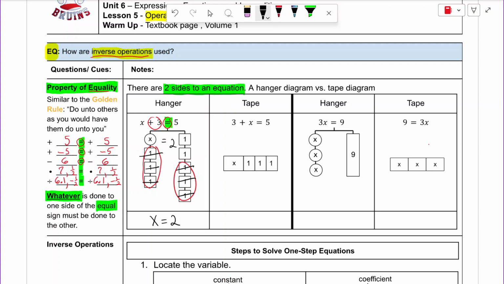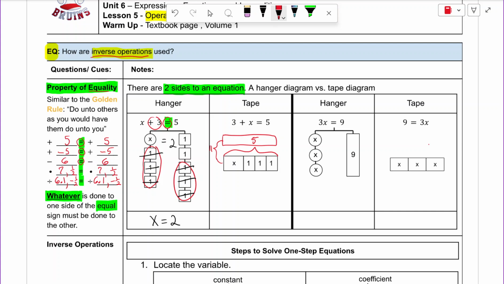Now on the tape, you can't see it right away, but if you would set it up like we learned, from this point all the way to the end of the piece of tape is 5. And if you kind of cocked your head sideways, you could see just about what's happening. It looks like a hanger. See, if you turn your head sideways, you can see the hanger.